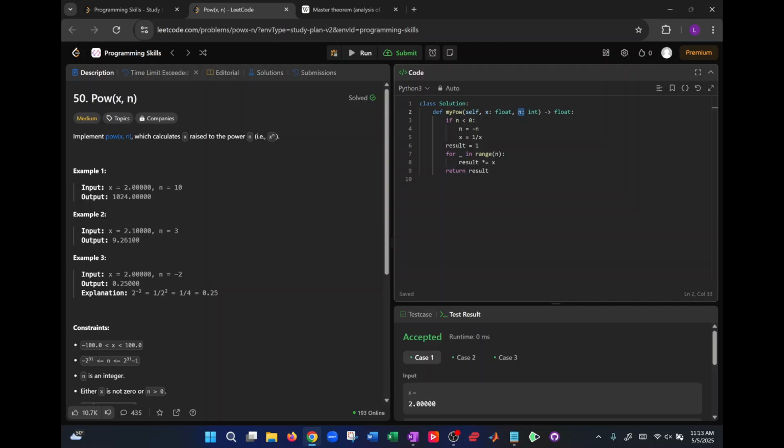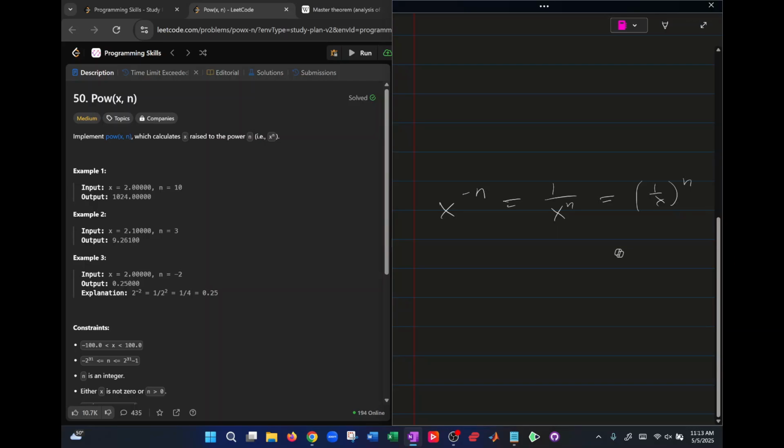So we can think about whether there is a way to do this without having to multiply it n times. And the key here is we could rewrite x to the n as x to the n over 2 times x to the n over 2.